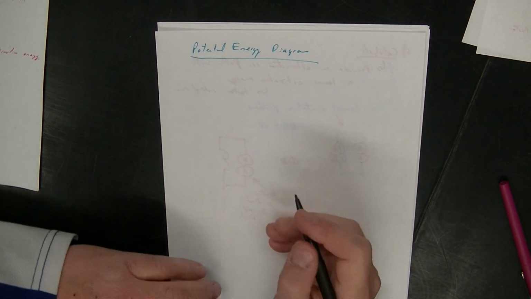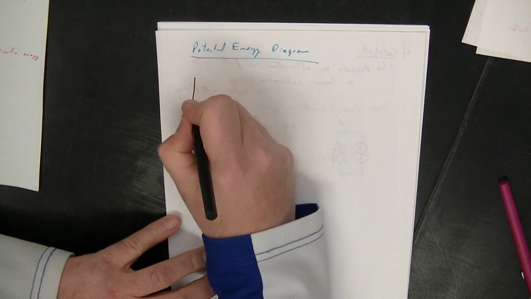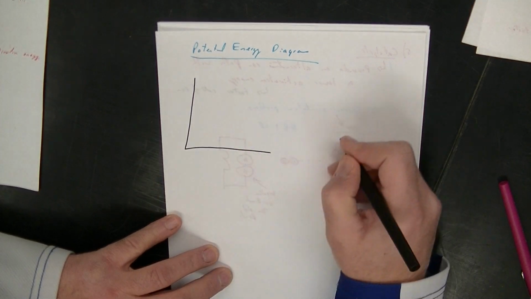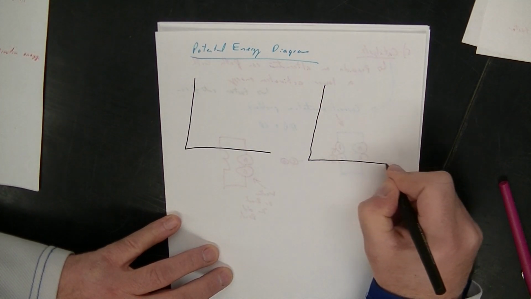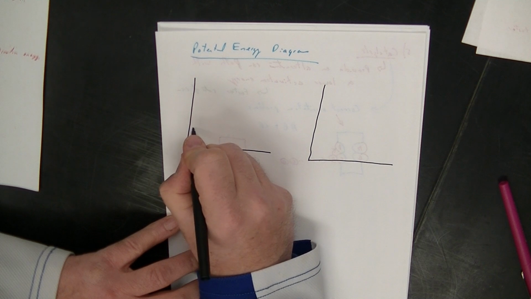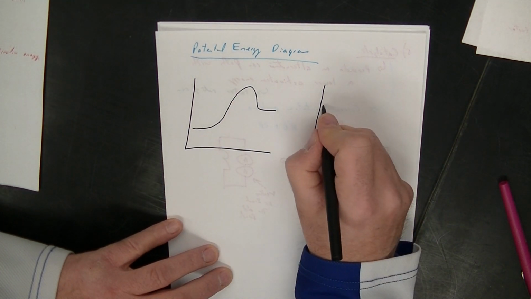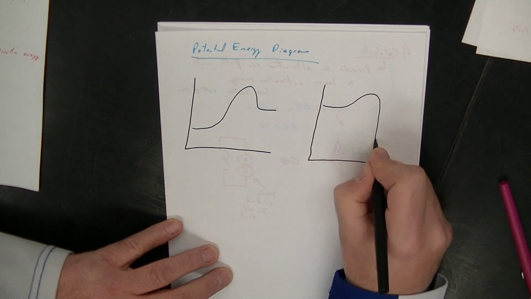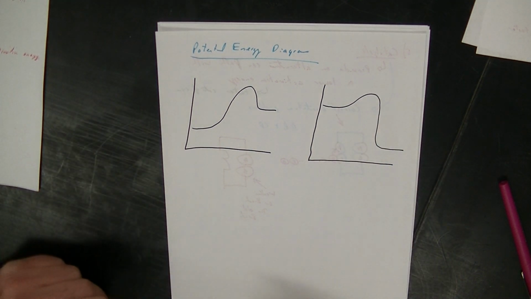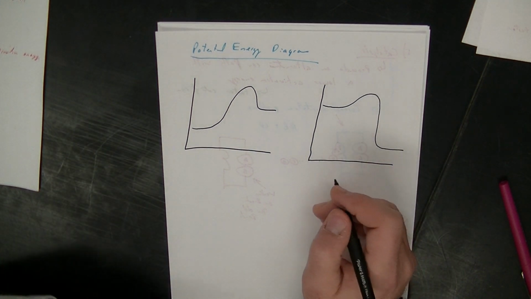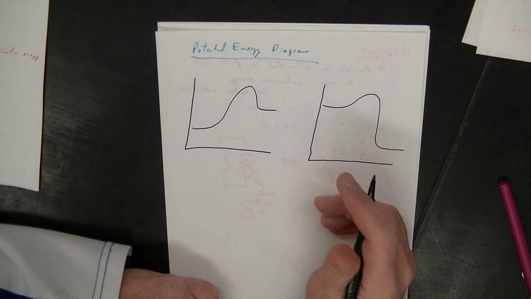So these are either going to look like this. I've got 2 graphs. They're either going to start low and go high, or they're going to start high and go low.